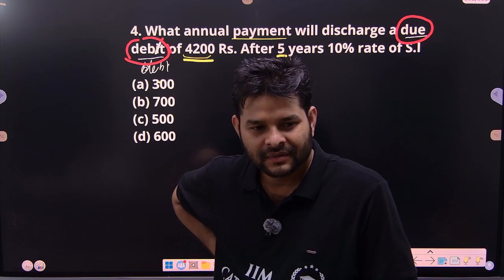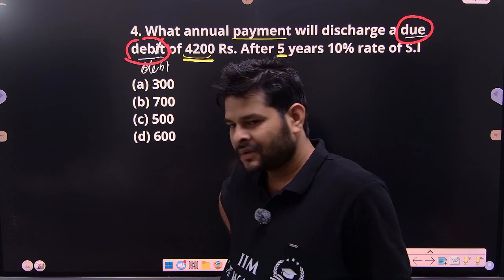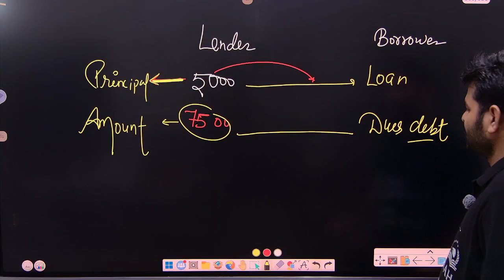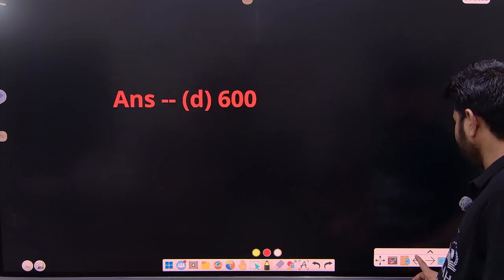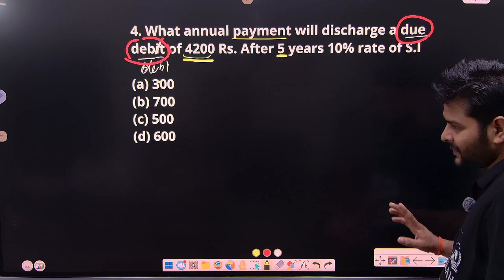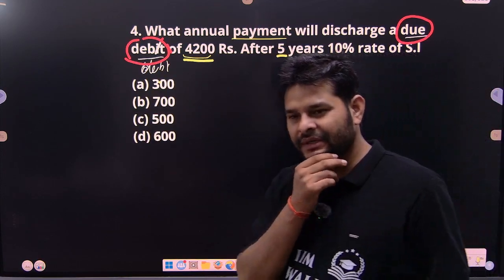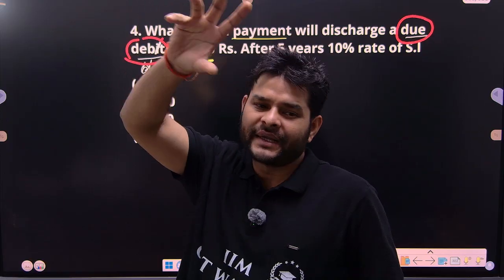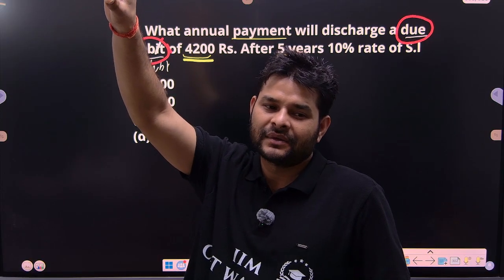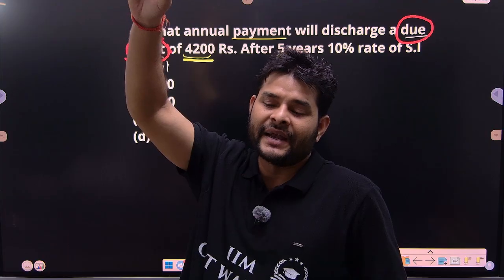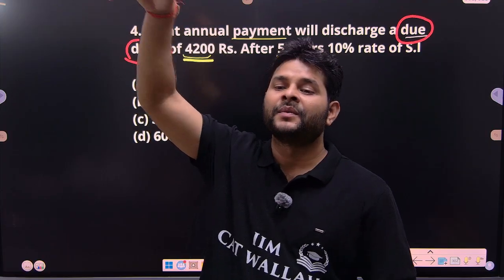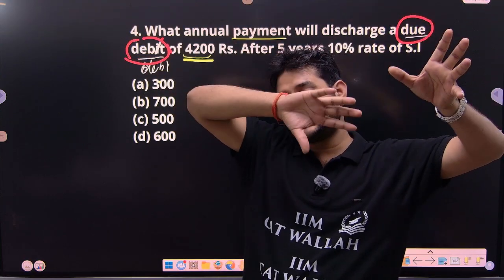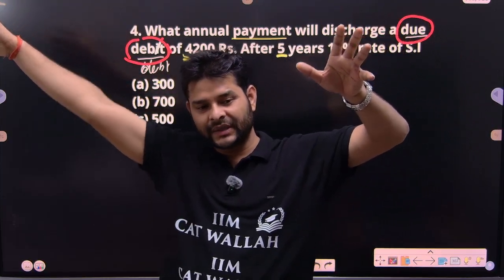Okay. The answer of this question is the same: 600, and that was the 700. But the theme you need to change. The theme was that over there he was depositing a fixed amount in the bank on a regular yearly basis, and he would get some amount with interest as well as principal, and that amount was equal to 4200.